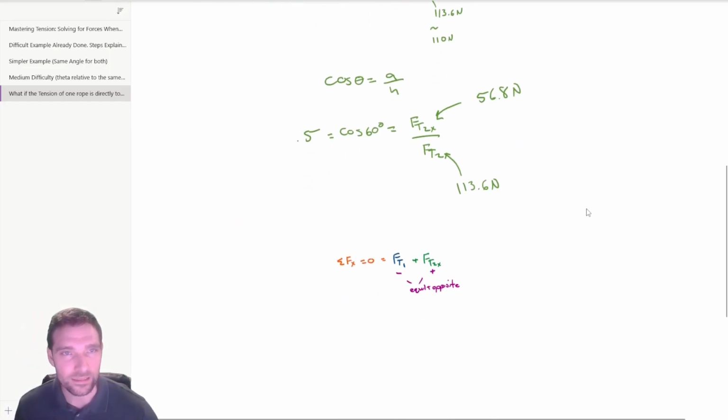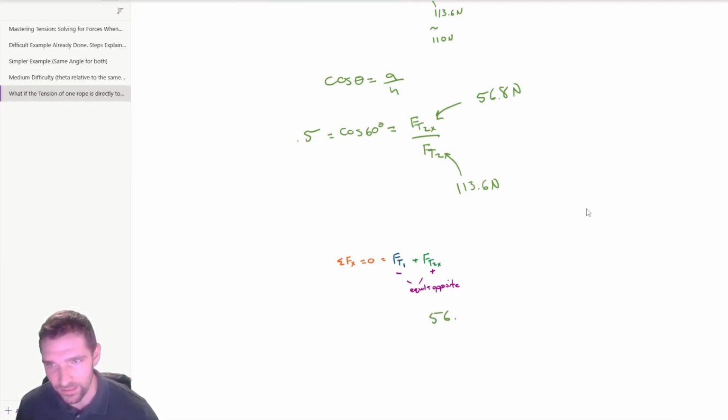So I've got one of these in a positive direction, so this would be 56.8 newtons in the positive direction. They're adding up to 0, and now you've got the FT1 plus that number, so FT1 ends up being a negative version of that, so a negative 56.8 newtons, and then you might round that to negative 57 newtons for that one.